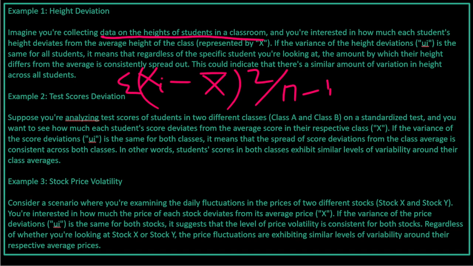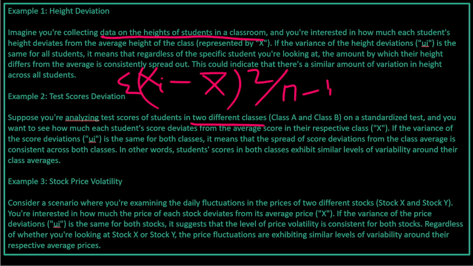Similarly, you want to check the test score deviation in two different sections or classes on a standardized test. We want to see how each student's score deviates from the average score in their respective class. So for class A and class B you have data for different students and find the variance for each group.